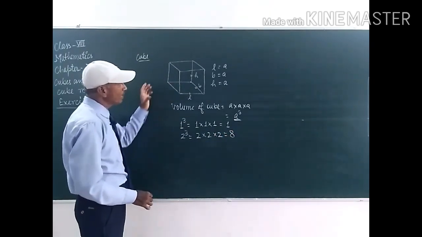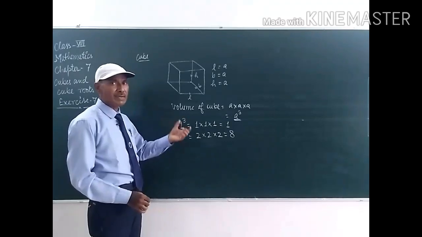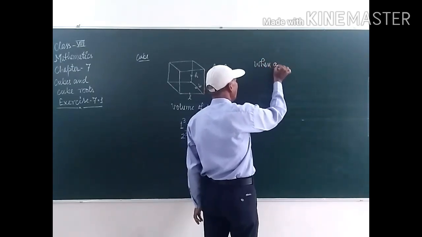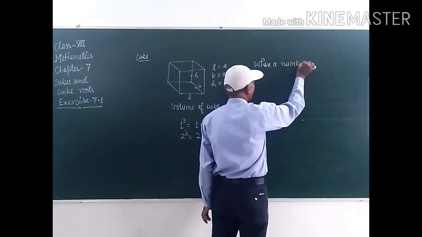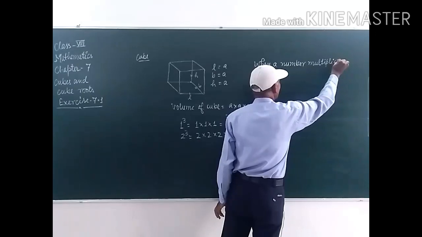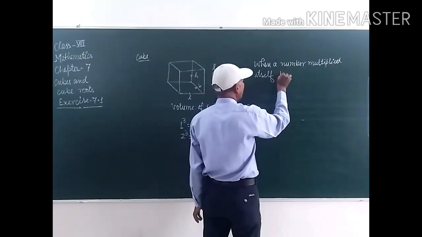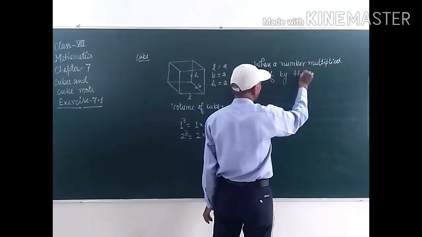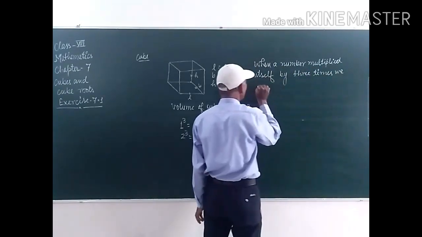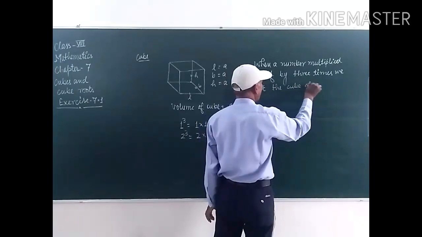Clear, student? So what is a cube? Cube means when a number is multiplied by itself 3 times, then we get the cube of the number.